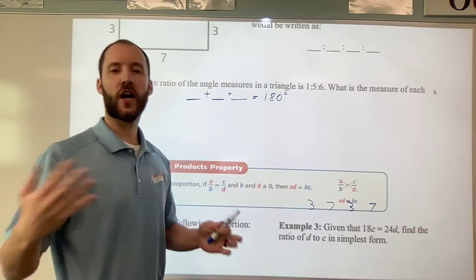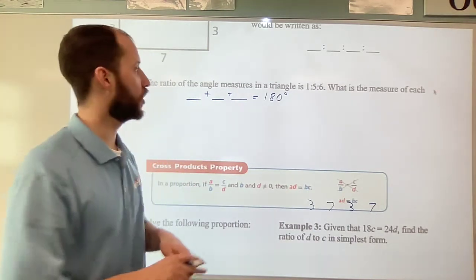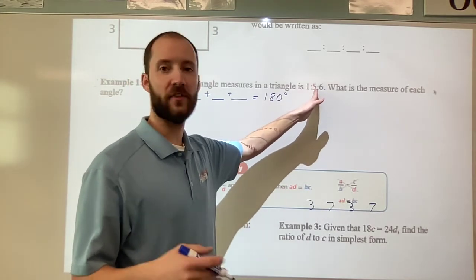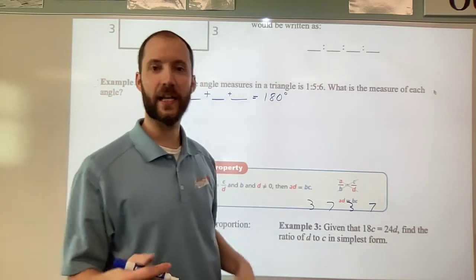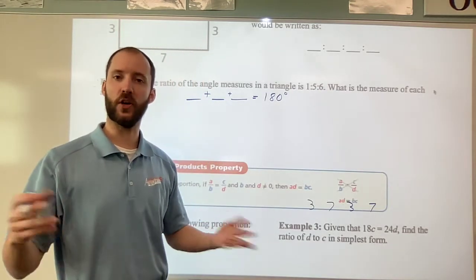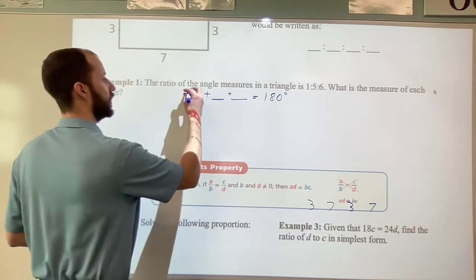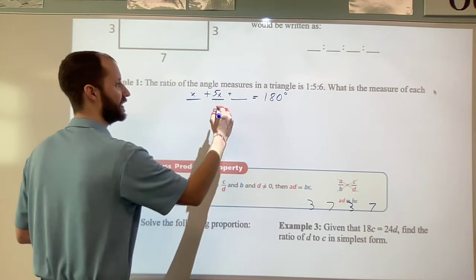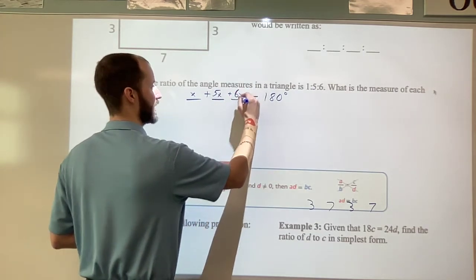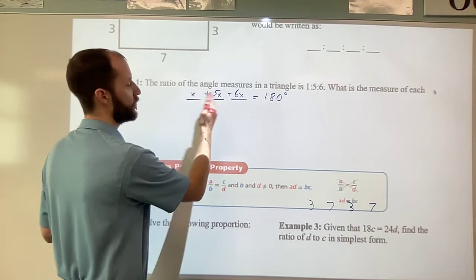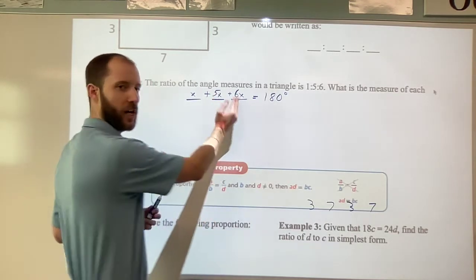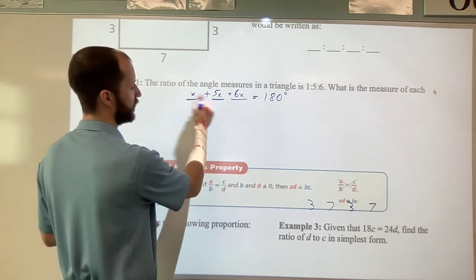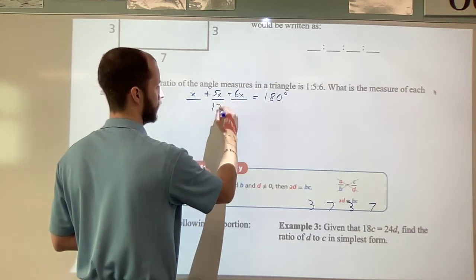Now talk about that more algebraically. So 1 part or 1 unknown, 5 parts or 5 unknowns, 6 parts or 6 unknowns. And algebraically for unknowns, you know we use x. So 1x, 5x, 6x. So 1 part, 5 parts, 6 parts, all added up should equal 180. So 1 plus 5 is 6, 6 and 6 is 12.